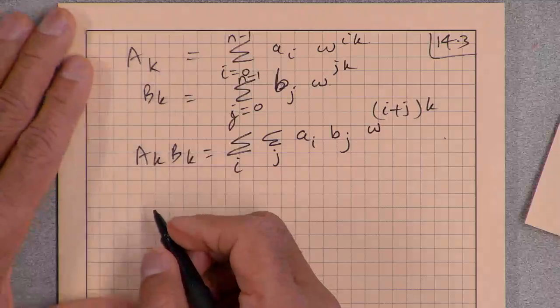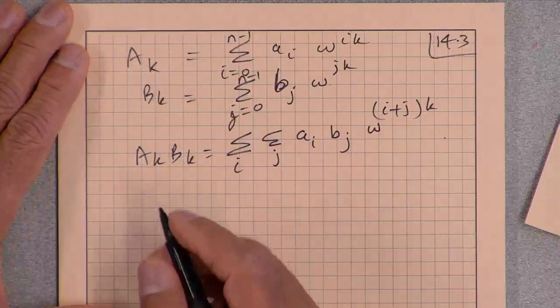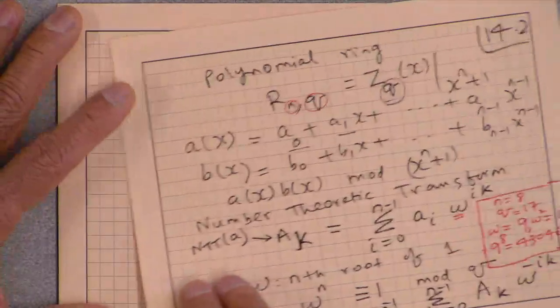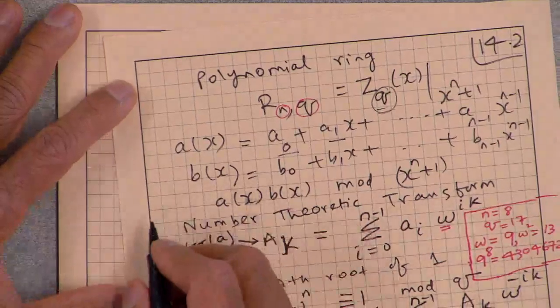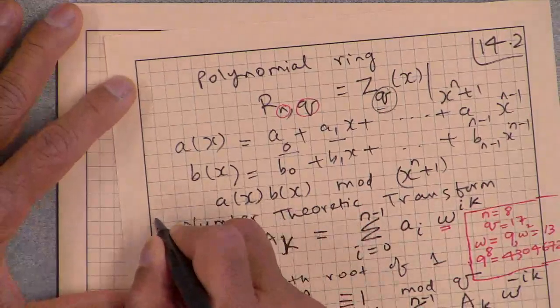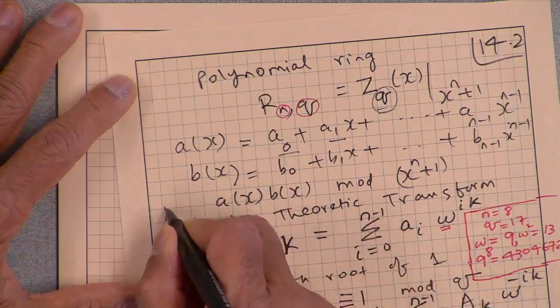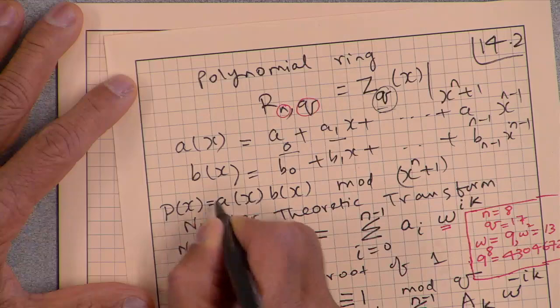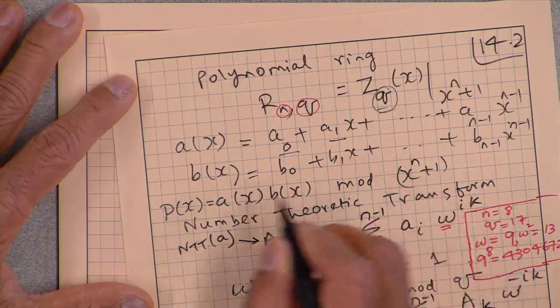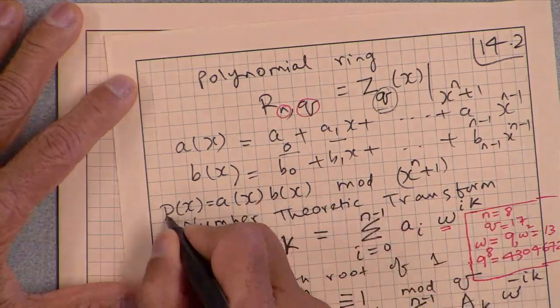And then if we are going to compute the product, so let's say that the product P(x), which is A(x) B(x), that's what we want to compute.